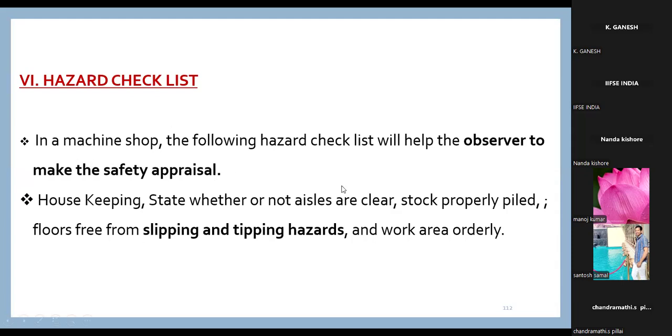In a machine shop, the following hazard checklist will help the observer to make a safety appraisal. Now, what is this safety appraisal? One is HR appraisal, that is done for employees at the end of the year, where you get your promotions or increase in pay or bonus. That is done by HR. So what is this safety appraisal?